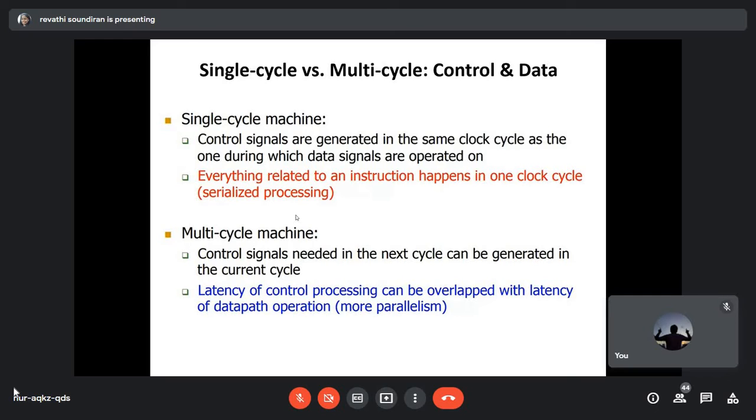Though they are different paths, you now have the overlapping of your control path and your data path. The data path will be sending the data for the control signal, whereas your control path will be generating the control signal for the next clock cycle. That is the parallelism that multi-cycle machines offer.